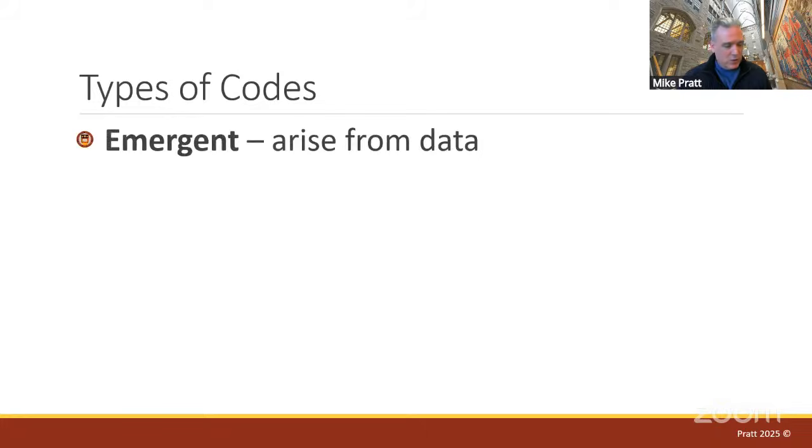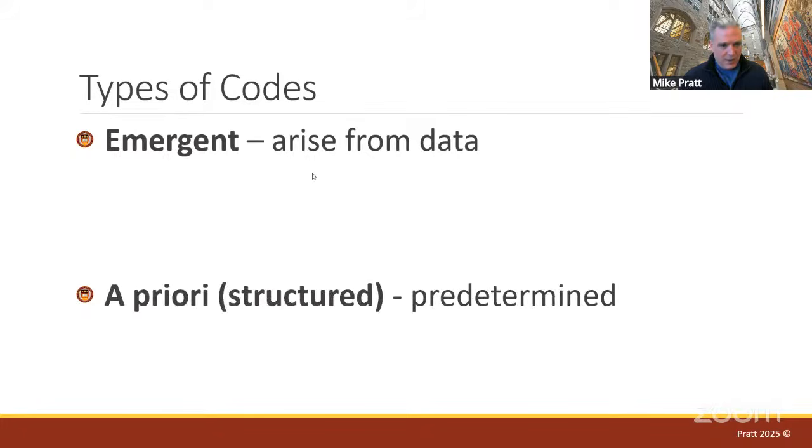In general, there are two kinds of codes. One is emergent coding, which is coding that comes from your data. I'm going through, let's say, a transcript, making notes, and the codes are coming from that data. The other way to do coding is a priori or structured. The sad thing about methodology and a lot of academia is that people use different terms to mean essentially the same thing.